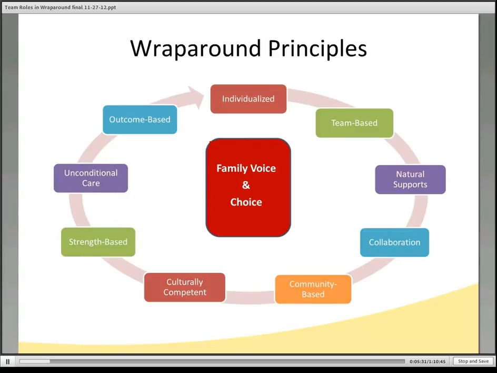And so community-based is an important part of the principles that we want to follow as a part of Wraparound.